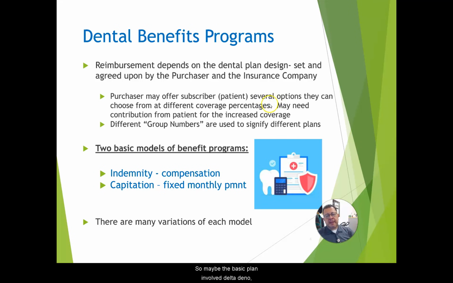So maybe the basic plan involved Delta Dental, PPO at $1,000 maximum, but they also have the option of getting an HMO, okay, or something like that, AFLAC, all that stuff. They may need to contribute more money monthly to increase that coverage. So this is where the different group numbers are used to signify the different plans, okay?